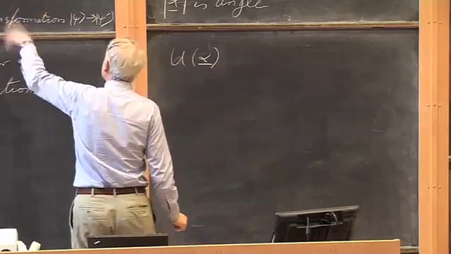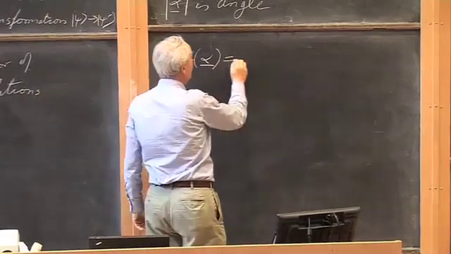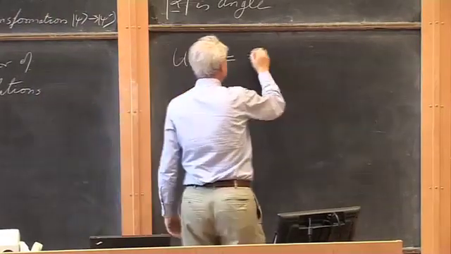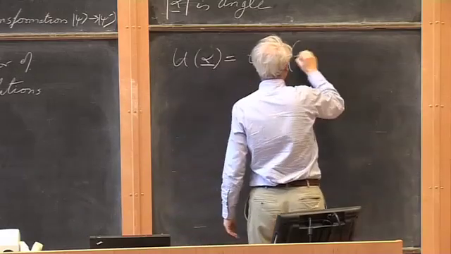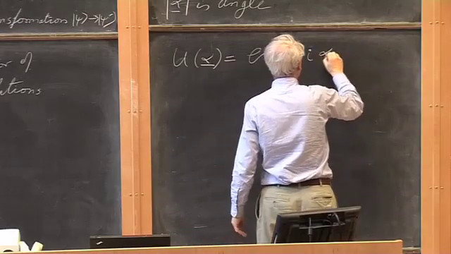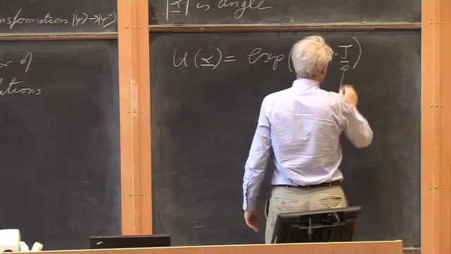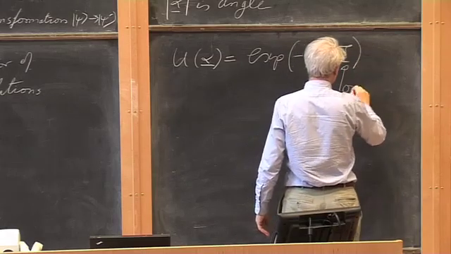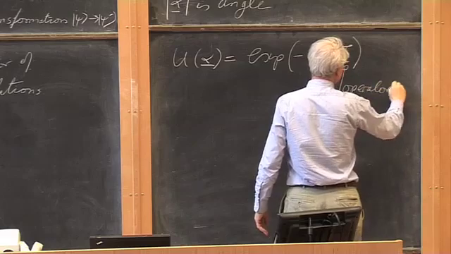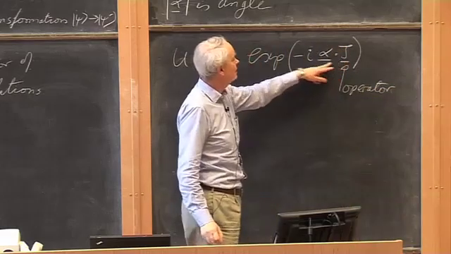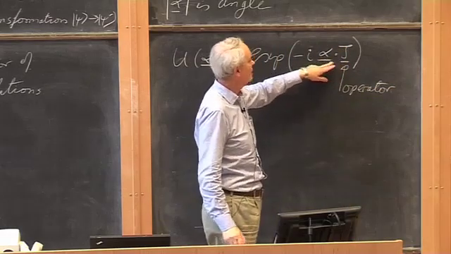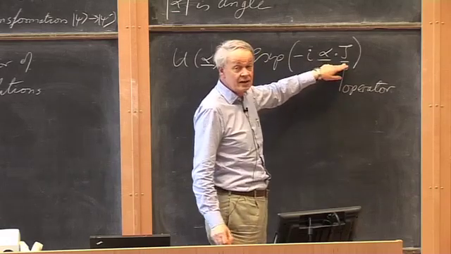And this apparatus here tells me that u of alpha can be written as an exponential of minus i alpha dot J, where this is playing the role of tau. It's a set of three operators, as promised, because this means alpha x Jx plus alpha y Jy plus alpha z Jz.